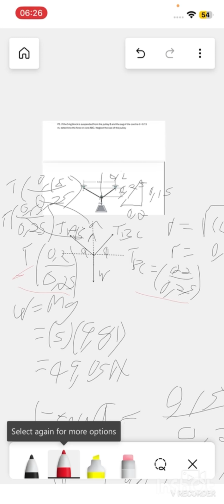In this case, they said if the 5 kg block is suspended from the pulley B and the sag of the cord is d equals 0.15 meters, determine the forces on AB and BC. Neglect the size of the pulley. Okay, let's start with the summation.